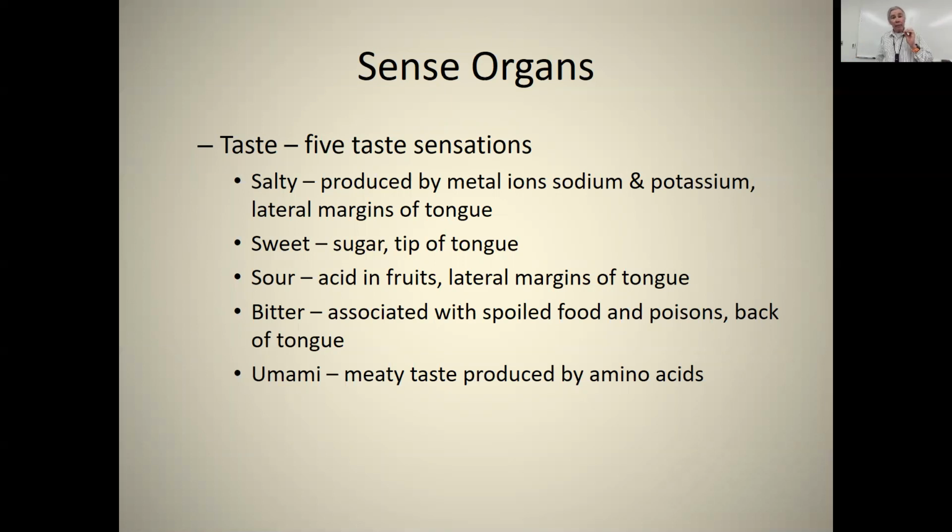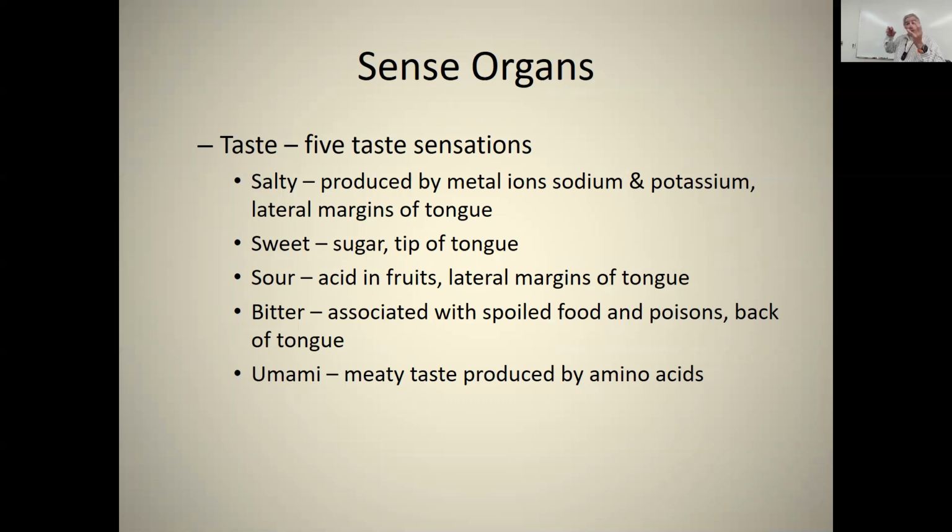Umami is a Japanese word that means yummy. It's a meaty taste produced by amino acids, and that's really important because in nutrition we're going to learn that there's 20 amino acids you need to make proteins. In human nutrition, half of them, or maybe 9 or so, are called essential amino acids. We can't make them. We have to get them in our food.